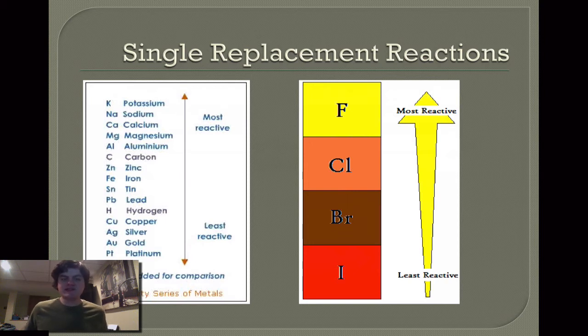Hydrogen is listed on this chart just beneath lead because of how reactive it is. Everything above it will replace hydrogen when the hydrogen is in an acid. So everything above that will react with an acid to cause a single replacement reaction.